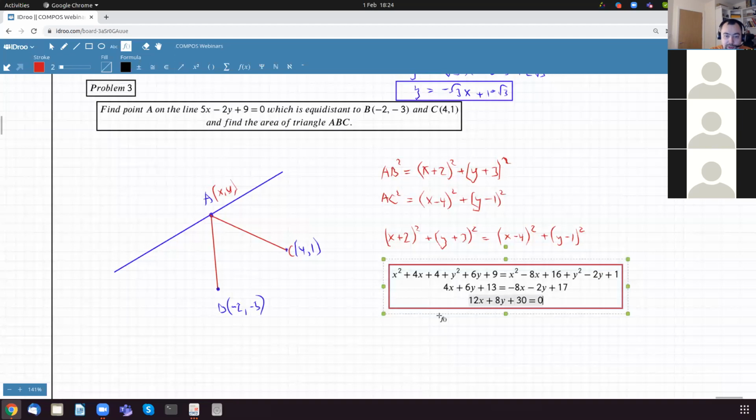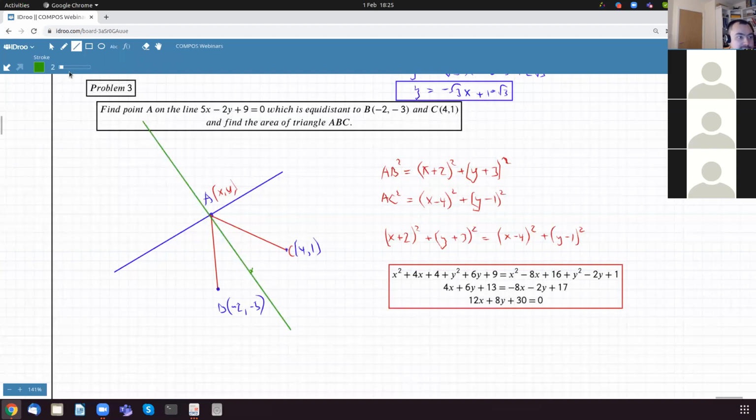So what we know is that the point A lies on this line. And it's not really a coincidence. What we actually got is the equation of the perpendicular bisector of line BC.